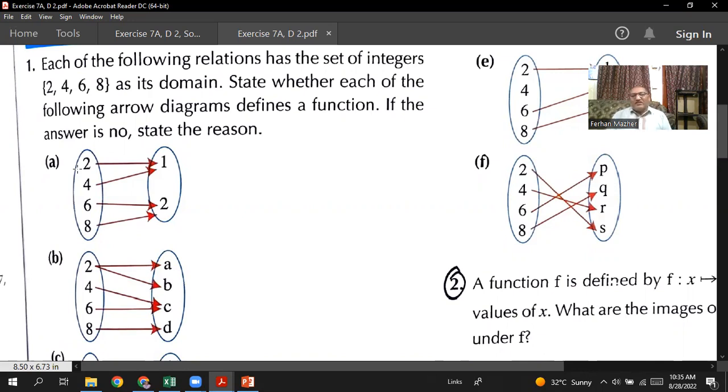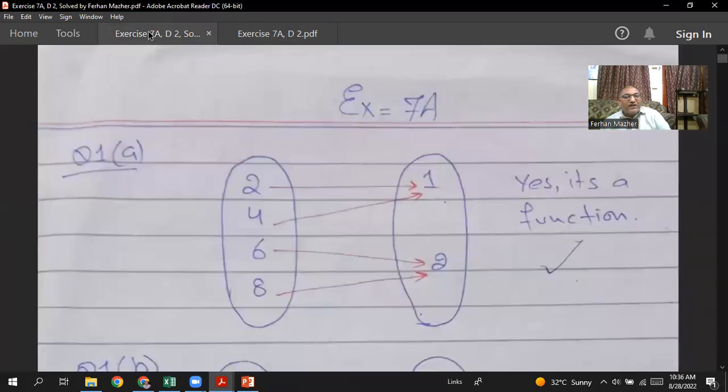Two domains can have the same image, but every individual domain should have a unique image. If a domain has two images, then it's not a function. And if a member of domain does not have an image, then it's not a function. So these are the two conditions for a relation to be a function.